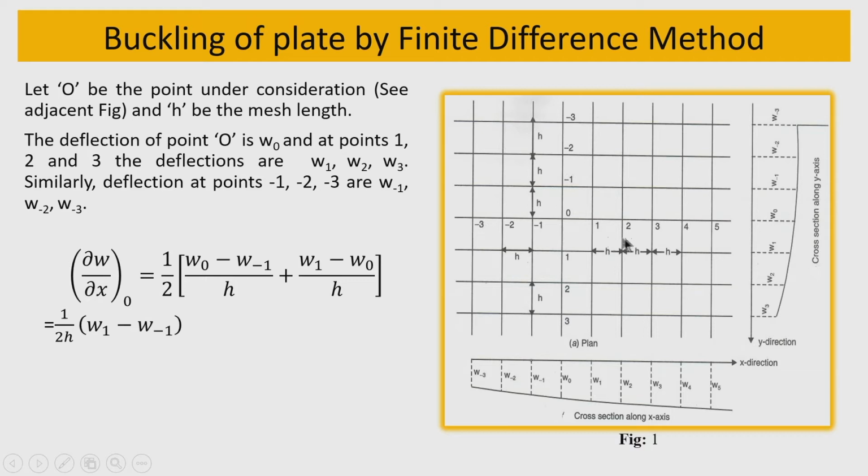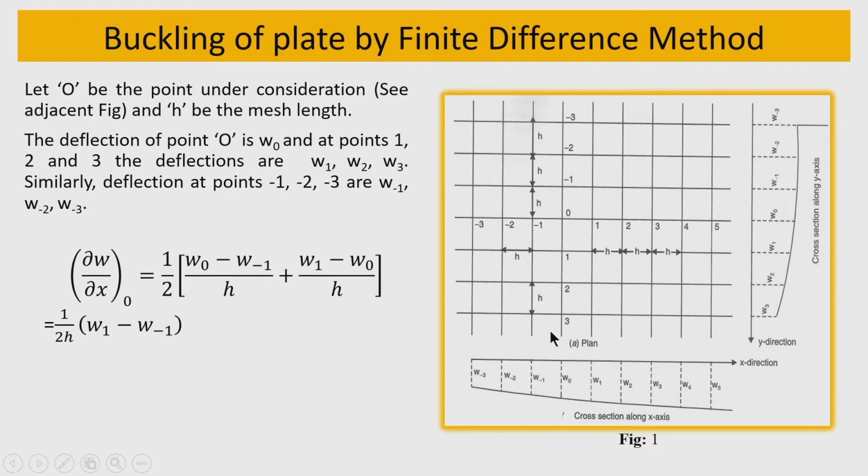So, node numbers are given, and in the y direction, since the downward direction is taken as the positive direction of the y axis, I am taking 1, 2, 3 etcetera as the node numbers in the downward direction, and minus 1, minus 2, minus 3 in the upward direction.